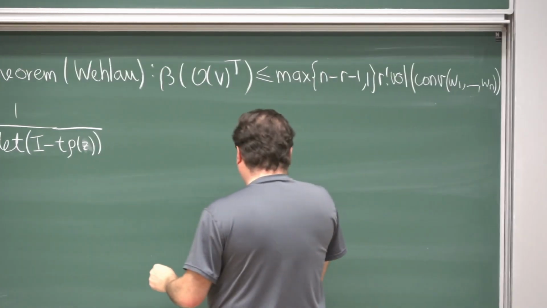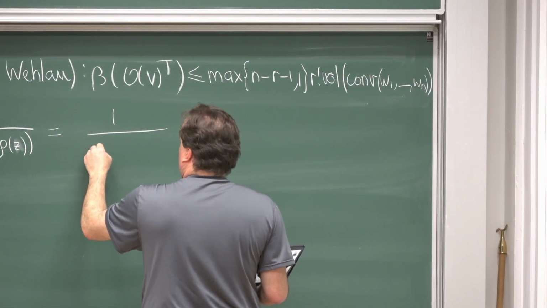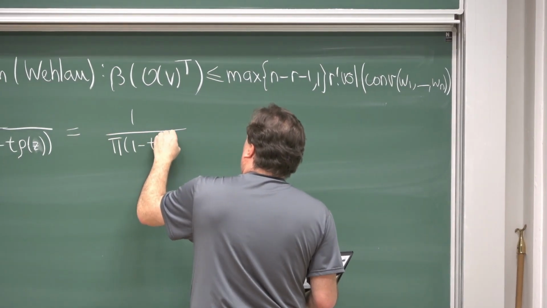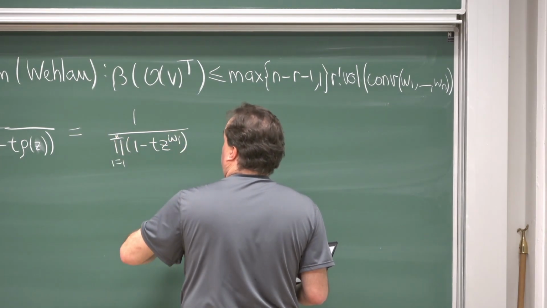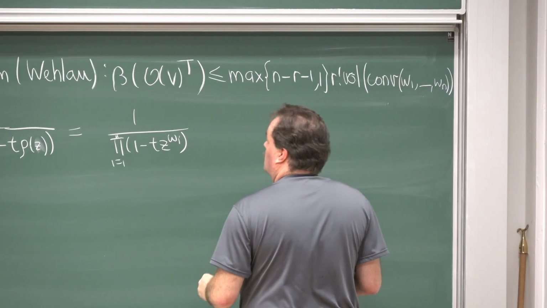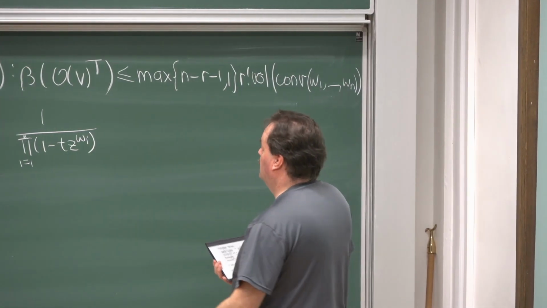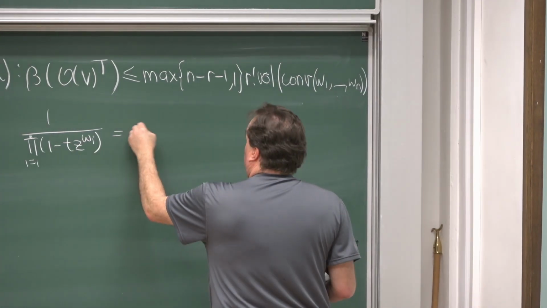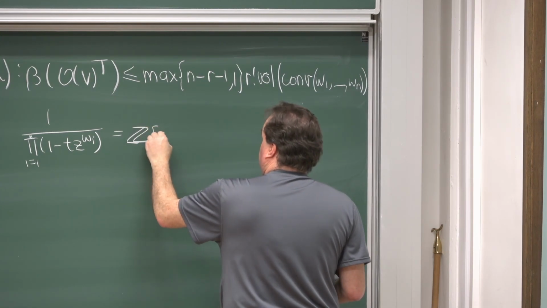So what is this? We have this formula for rho, so this is actually the product of 1 minus t times z to the power omega i. And we can expand this as a power series. It's a power series not just in t, but the coefficients will be Laurent polynomials in the z's.